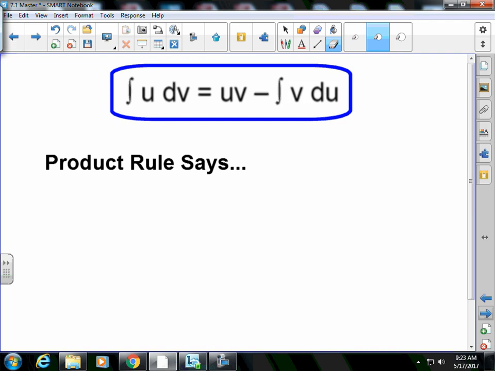Well, if I start off with uv, and I decide I want to take the derivative, it's a product, so I get u v prime plus v u prime. And then I could say, oh, I'm going to integrate both sides.